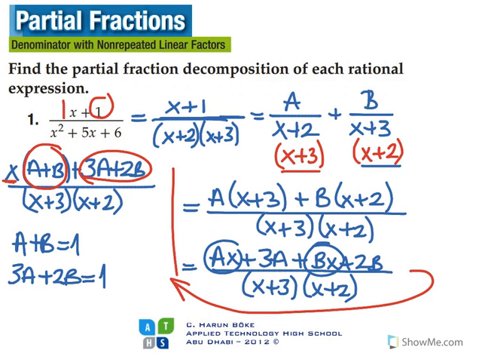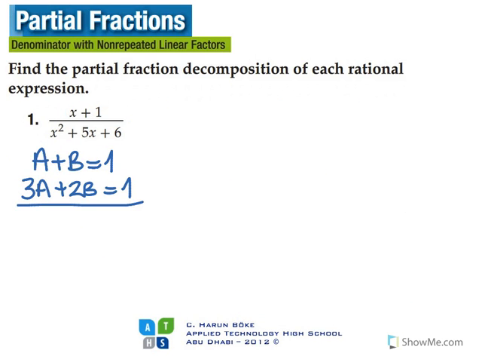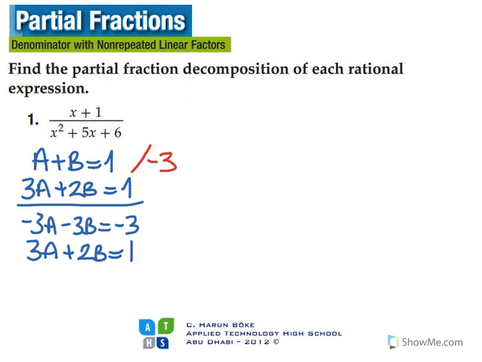So what I should do to find a and b is to solve this system of equations. Multiplying the first equation by minus 3 to cancel the a's, we will have minus 3a minus 3b equals minus 3, and the second equation will be the same, so that we can cancel the a's.